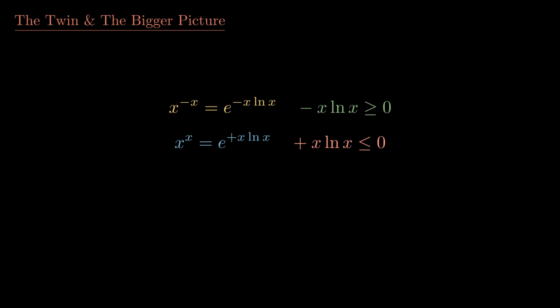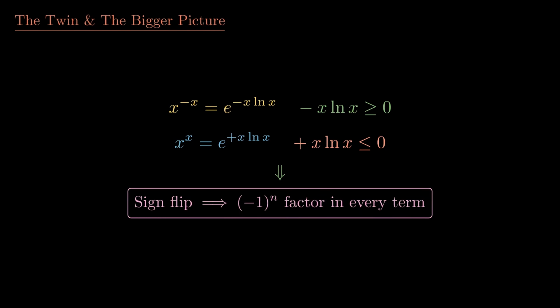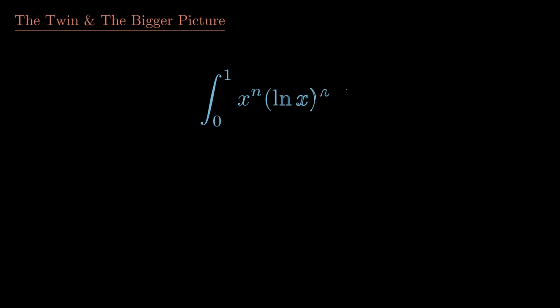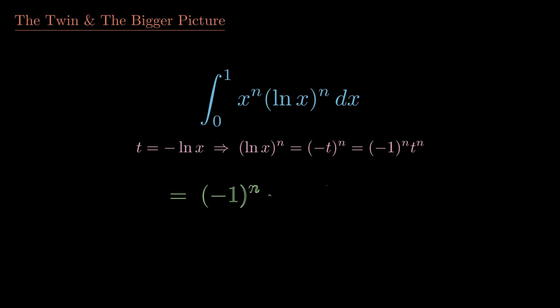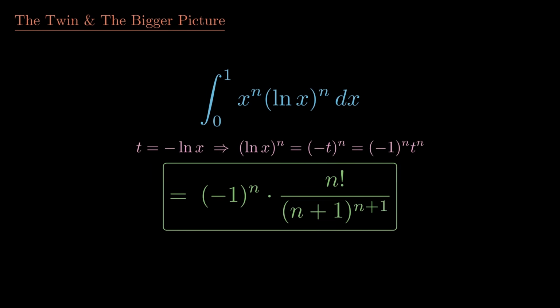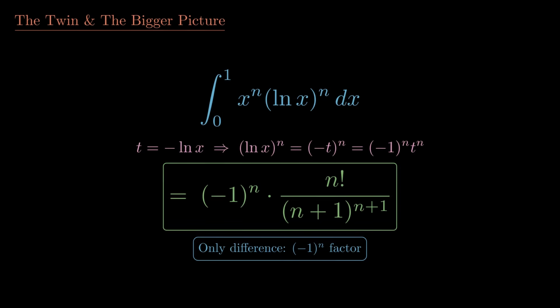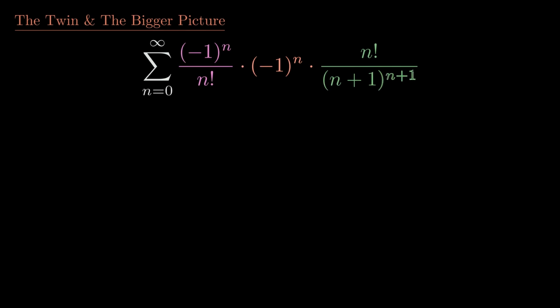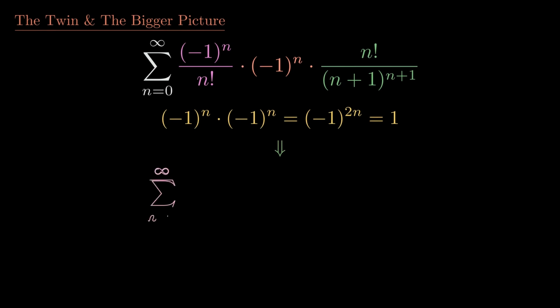For x to the negative x, we rewrite it as e to the negative x natural log x. For x to the x, we rewrite it as e to the positive x natural log x. That tiny sign change changes every term in the series. When we apply the same substitution, t equals negative natural log x, the same gamma function method still works.